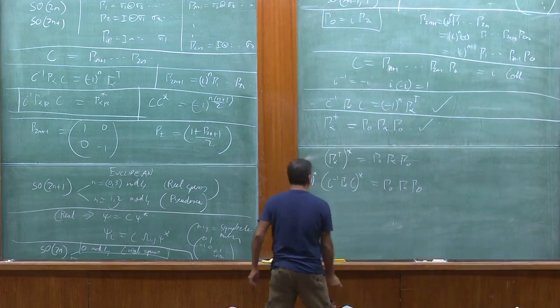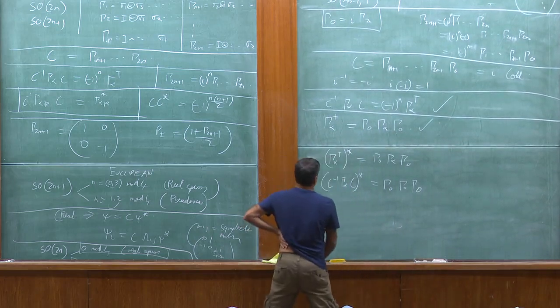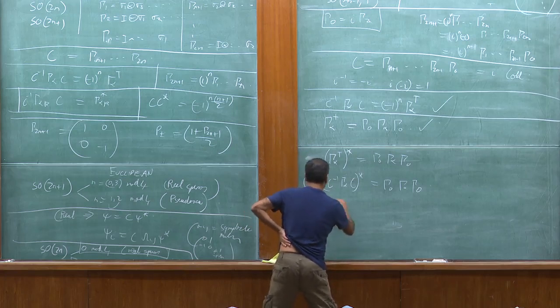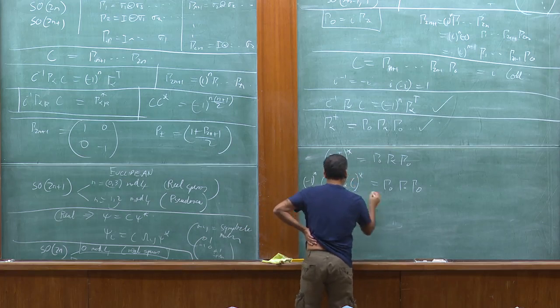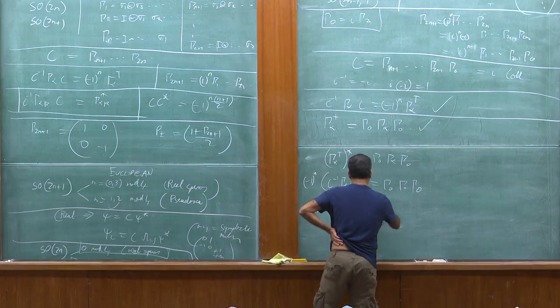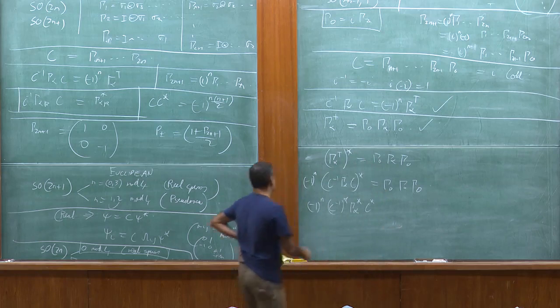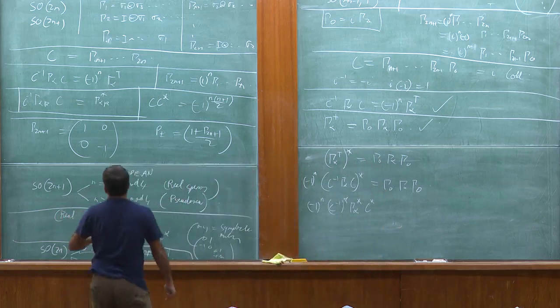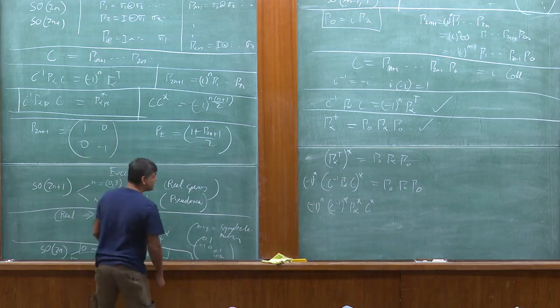Okay. And now we write this as minus 1 to the power n C inverse star gamma alpha star C star. Okay. And we want an equation like this.